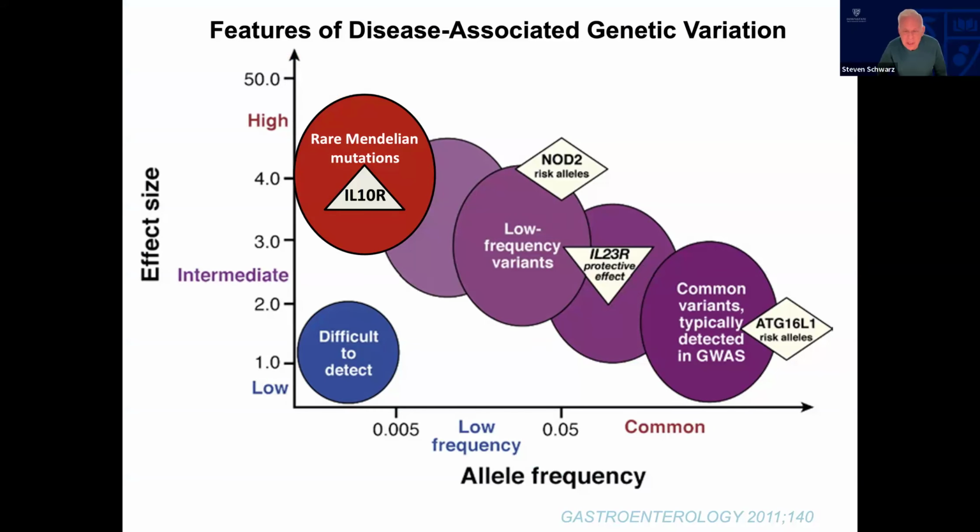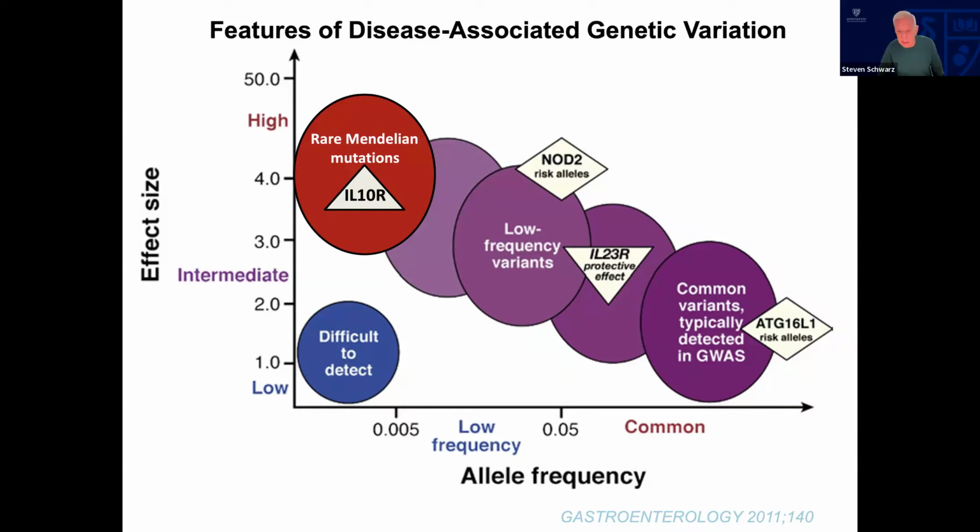So let's look here at how genes actually are expressed in disease. The frequency of the gene is inversely related to the size of its effect. So here on the y-axis, we have the magnitude of the effect of the mutation, and the allele frequency is shown on the x-axis.